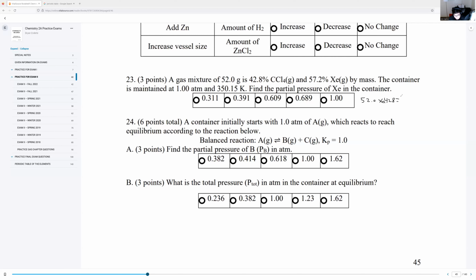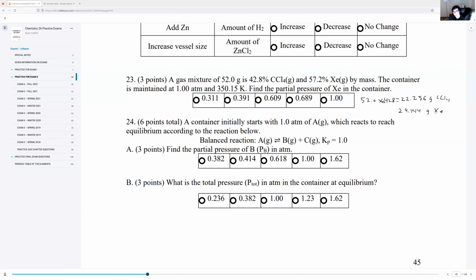And this is 22.256 grams of carbon tetrachloride. And then you can find the other one. You'll get 29.744 grams of xenon. I subtracted it from 52, or you could just do the percent. You're going to get the same thing.